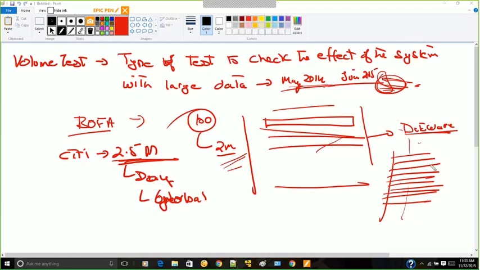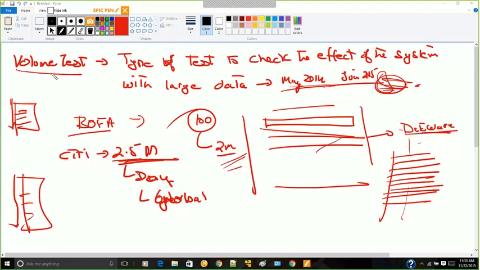Actually, it's going to slow down because if you want to check with 10 lines versus 1 million lines, the amount of time required to scan through is huge. So you are going to test how my application will behave if there is a large amount of data.